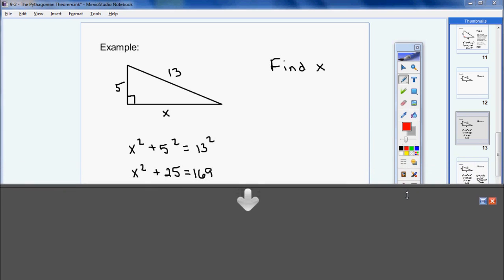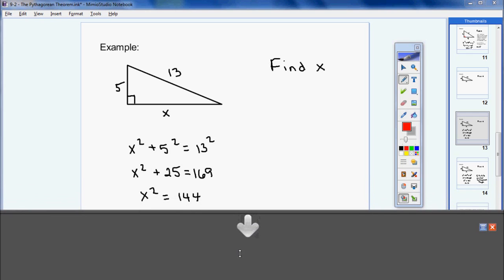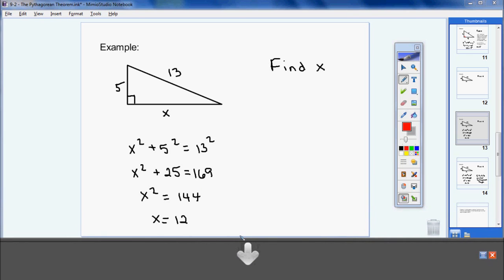Okay, so we do this little bit of math. x squared plus 25 is 169. And then subtract 25 from both sides. Now when you square root this, we get another whole number. Okay, so x squared plus 25 is 169. x squared is 144, so x equals 12.